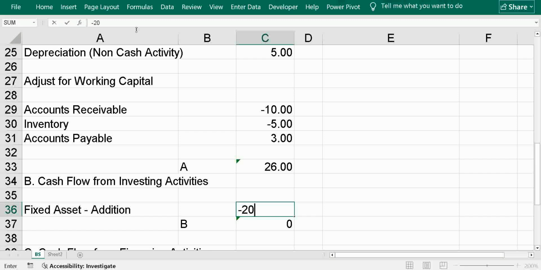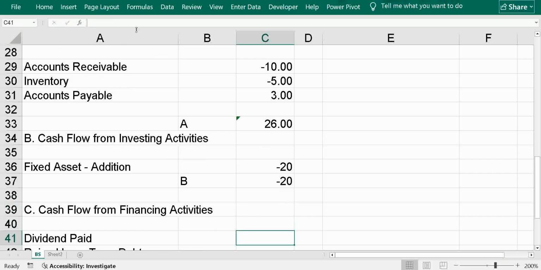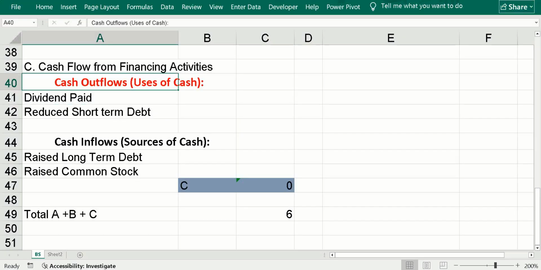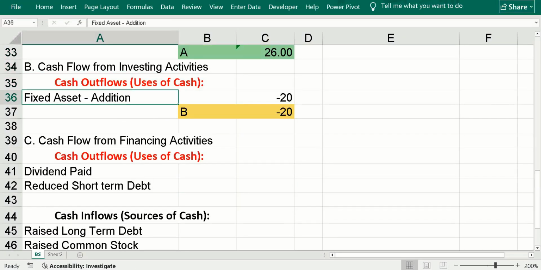Minus 20. For fixed assets addition, it's a outflow of cash, uses of cash. So almost all assets are considered. Only we have to take care of liability side.